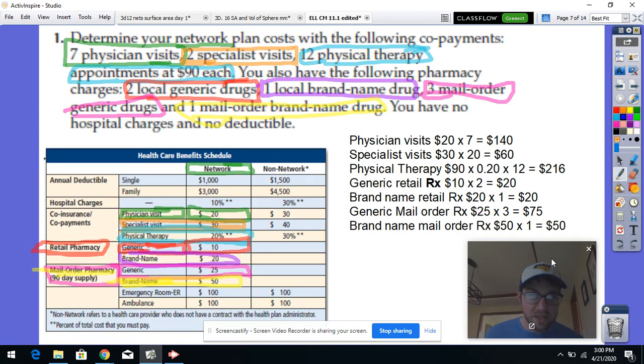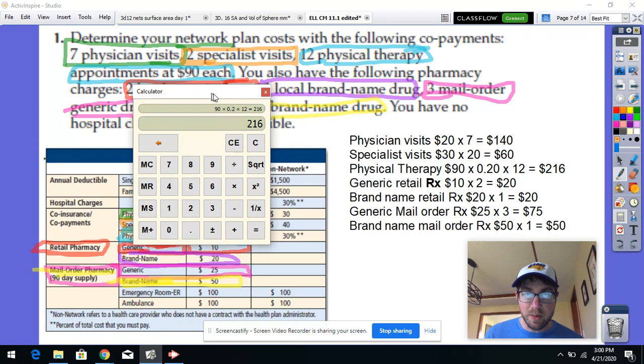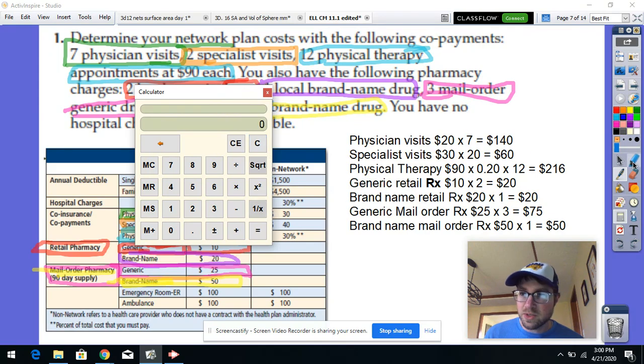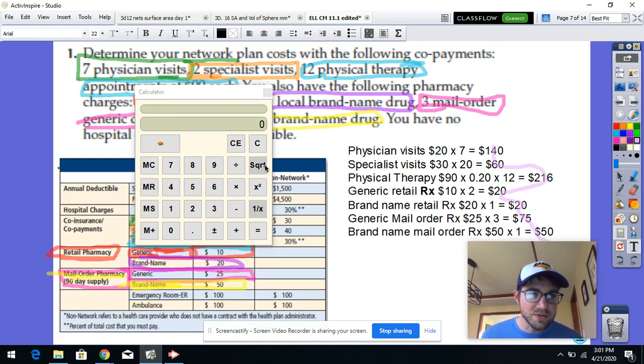So we have done everything we need to do for this problem except for add everything together. So I'm going to do that. I'm going to get all these total numbers that are in this far column over here and add all of those together, and that's going to be the costs of all of our medical costs for the year according to this plan.